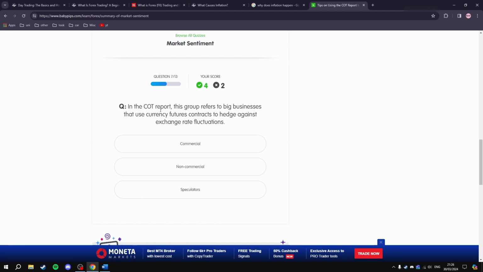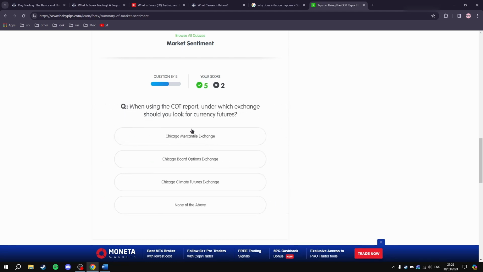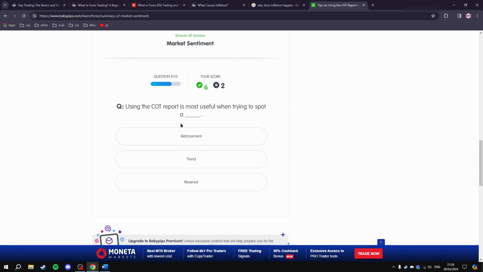In the Commitment of Traders reports, this group refers to big businesses that use currency future contracts to hedge against exchange rate fluctuations. Commercial. When using the Commitment of Traders report, under which exchange should you look for currency futures? Chicago Mercantile Exchange.